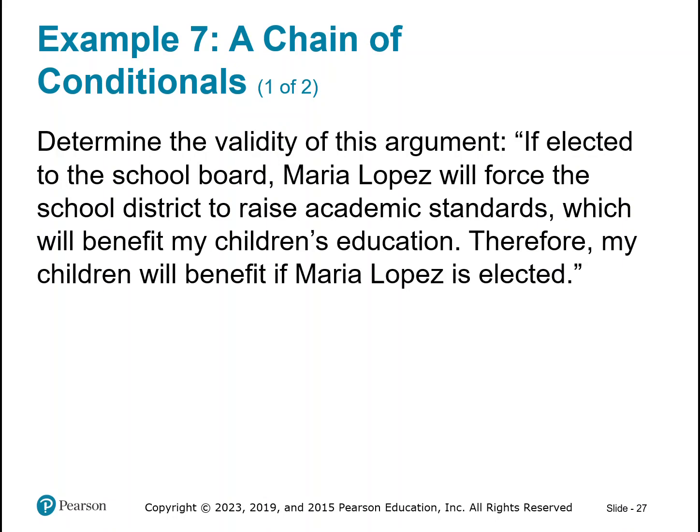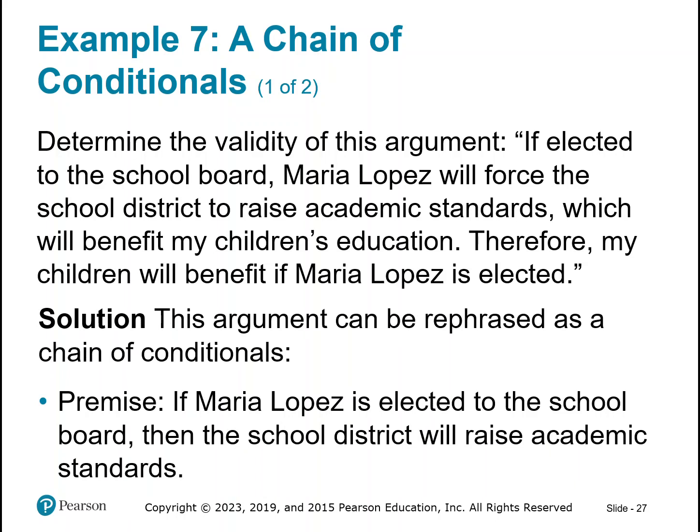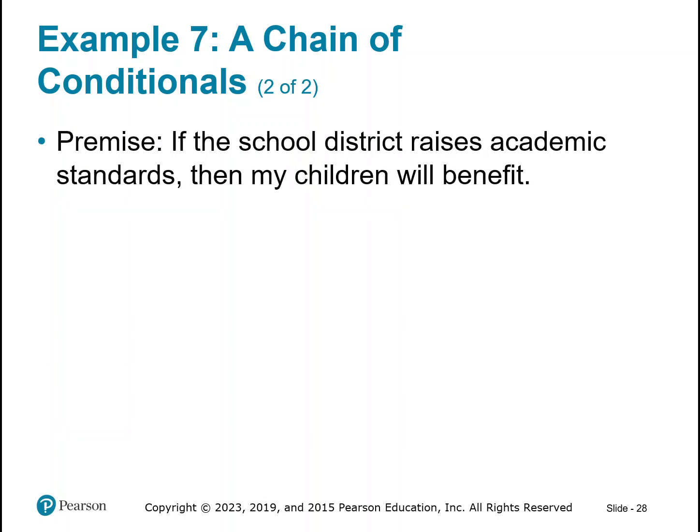It's election season. We're going to be hearing a lot of this. So we could break this argument down and rephrase it as a chain of conditionals. The first premise: if Maria Lopez is elected to the school board, then the school district will raise academic standards. Okay. If the school district raises academic standards, then my children will benefit.